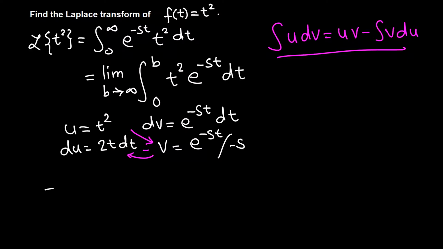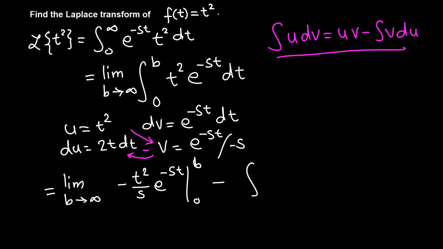So that is, we still have limit b going to infinity of uv, so t squared times this, so this is negative t squared over s e to the negative st, from 0 to b, minus integral v du, this times this.